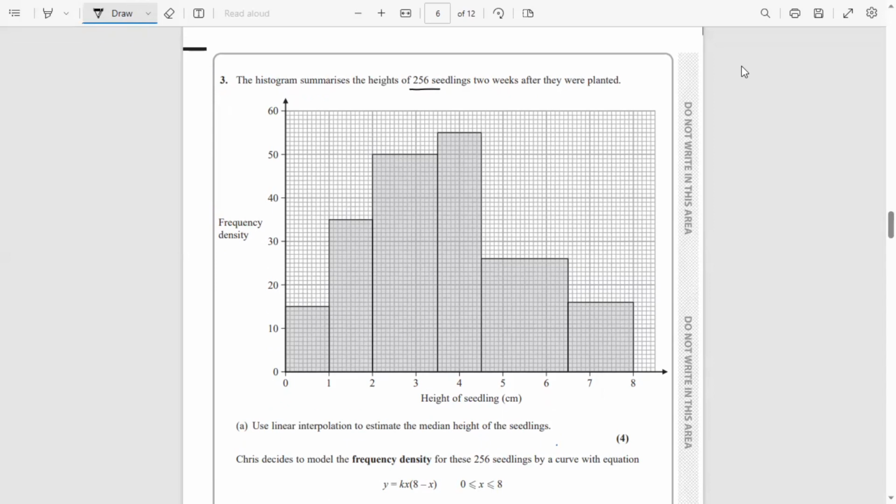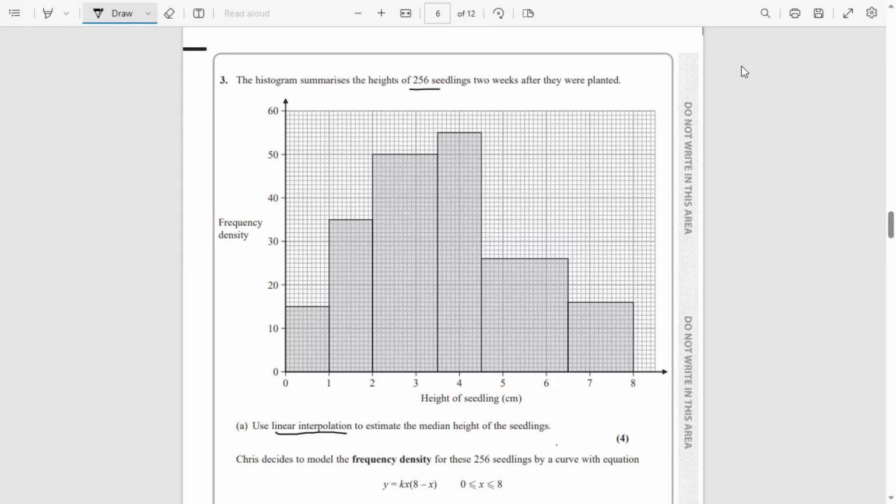The first part of the question wants us to use linear interpolation to estimate the median height of the seedlings. We've got heights from 0 centimeters up to 8 centimeters. Remember, the median is the middle height. If we line up all the heights of our 256 seedlings, where will the middle be? Obviously, we can't get an accurate value because we don't know the accurate heights of the 256 seedlings.